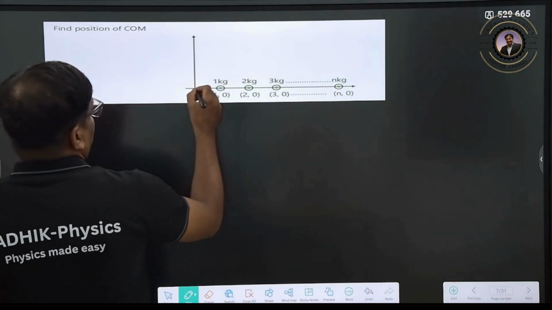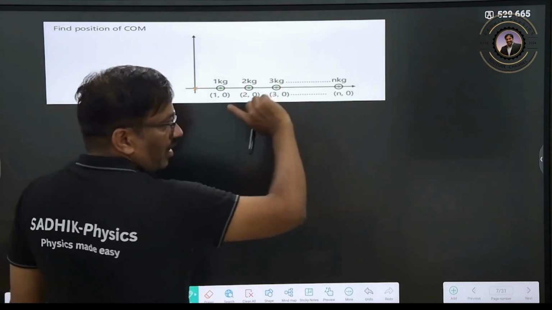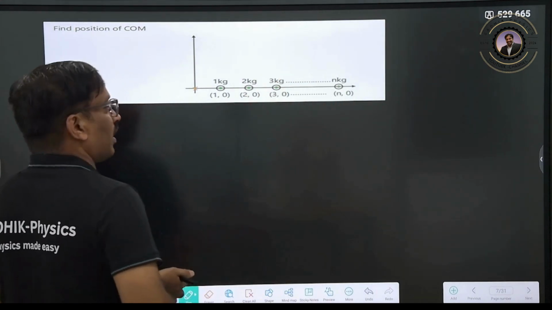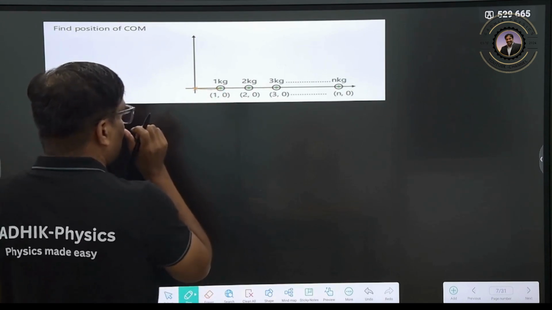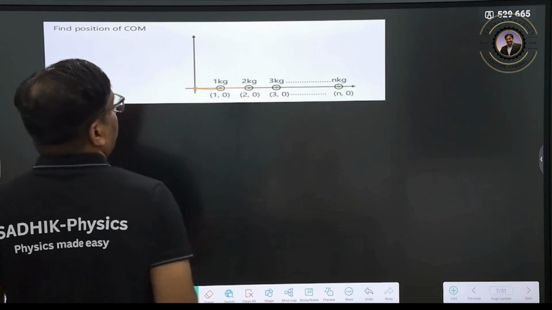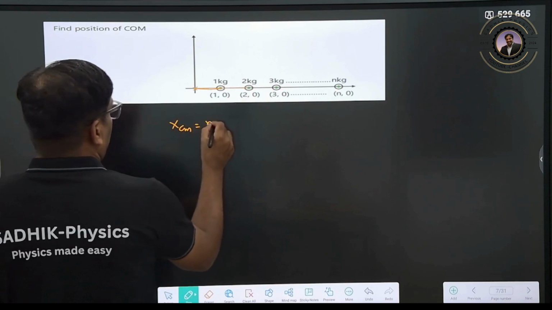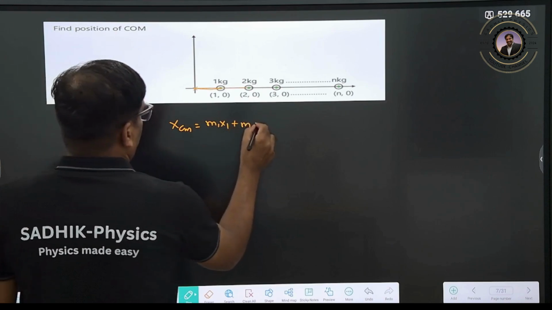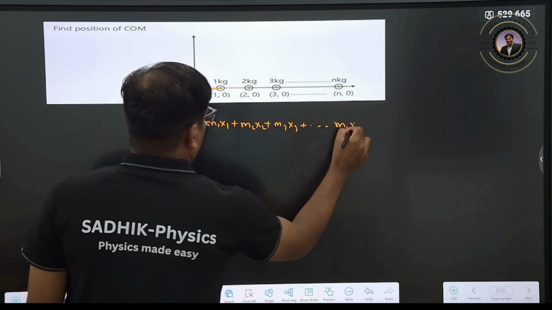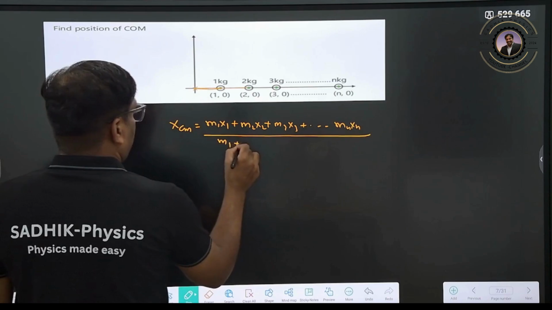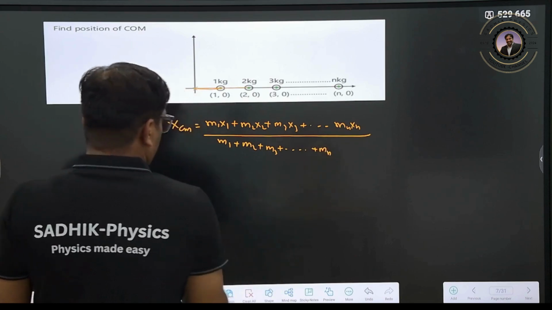We want to calculate the position of the center of mass from this origin here. All these particles are lying along the x-axis only. So we can take it as xcm. This first point is at 1, and the next will be at 2. Therefore xcm is m1 x1 plus m2 x2 plus m3 x3 and so on, mn xn, divided by m1 plus m2 plus m3 and so on, plus mn.